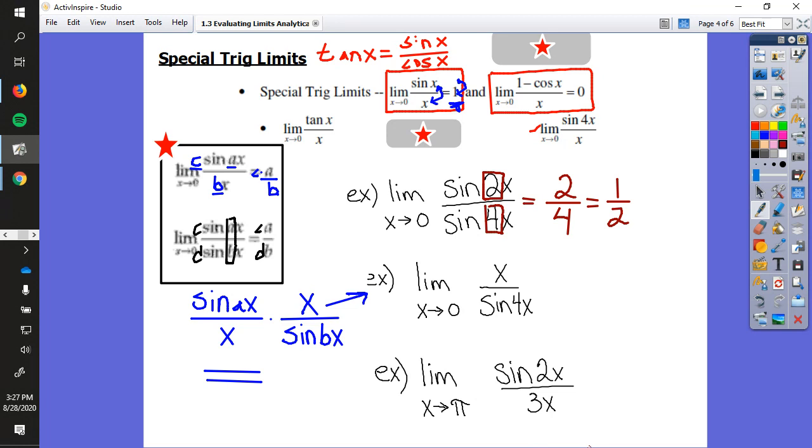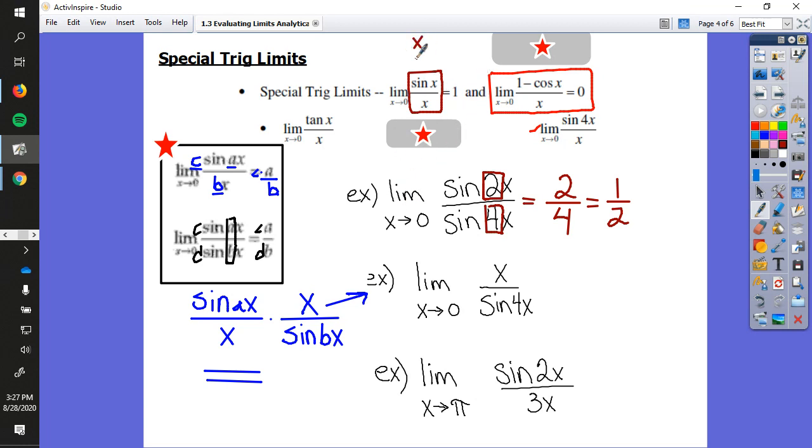If you look at the next example, this is sort of like that one. We have the limit as x approaches 0 of x over sine 4x. That's not really set up like our flashcard would say, like at the top here. It's not really set up like what we would memorize, but we want to play off of that. We don't want to be too robotic, and we understand that the reciprocal of 1 is still 1.